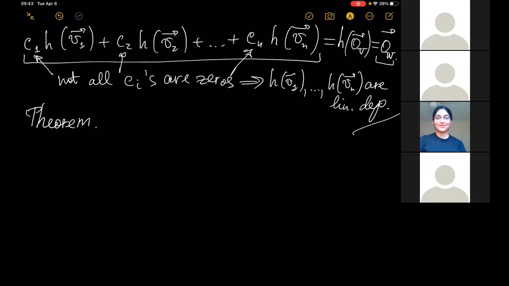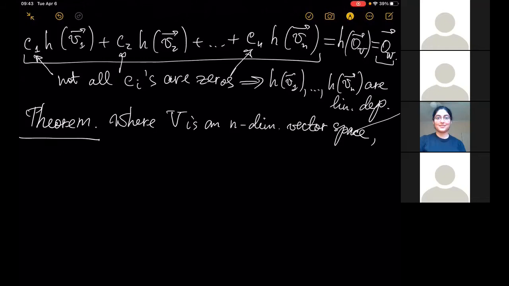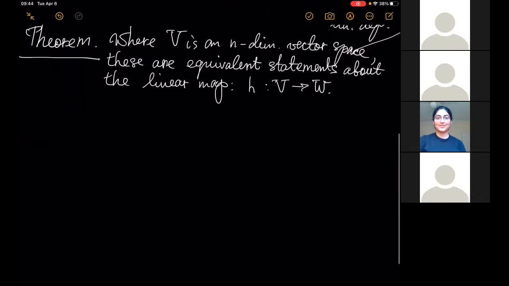Theorem. Where V is an n-dimensional vector space, these are equivalent statements about the linear map H, which maps vector space V onto vector space W. Statement number 1: H is one-to-one.